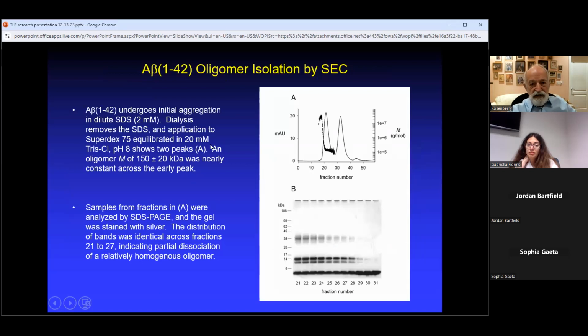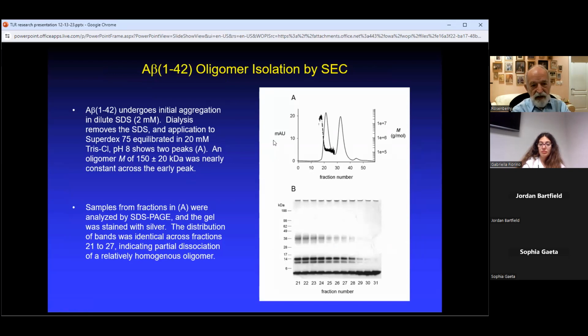What we did is to isolate the oligomers by SEC. A beta 42 undergoes initial aggregation in dilute SDS, which forms micelles, and those are thought to be a reasonable model of biological membrane.